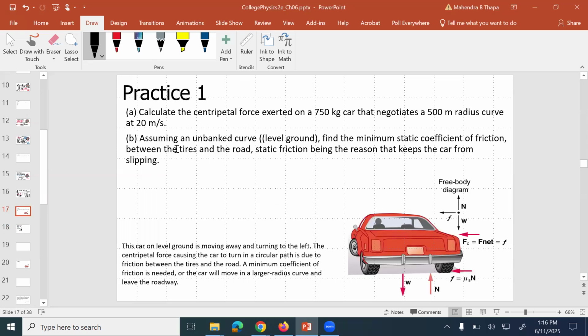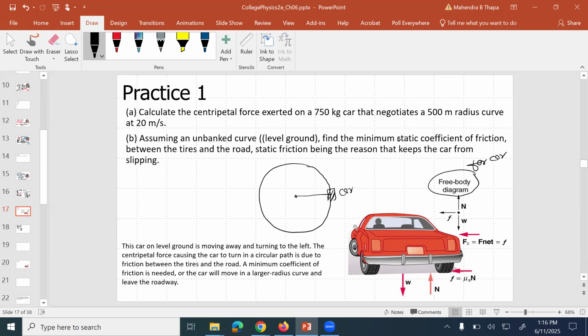Now, we have to find the coefficient of static friction. The situation is like this. Say this car is traveling in an unbanked curve. So we assume this is just a circular path. The car is traveling over here, for example, like this. So this is the force diagram or free body diagram for the car.